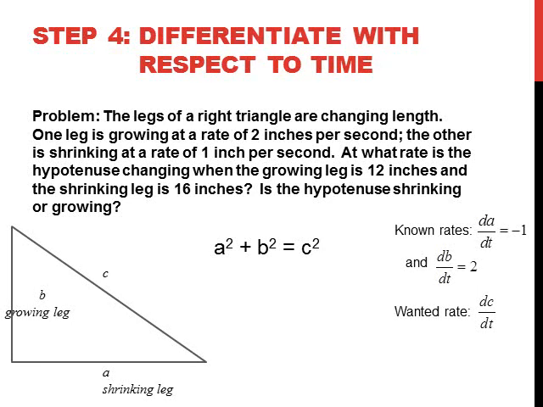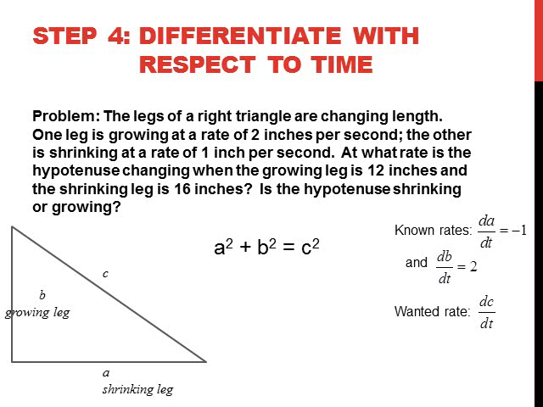Now that we've got that equation ready, we're going to begin to differentiate with respect to time. What that means is we're going to find the derivative of each of these terms, but we're going to do so with respect to time.